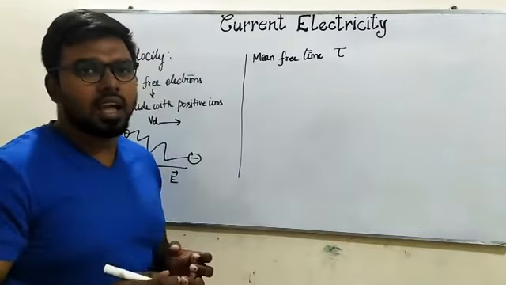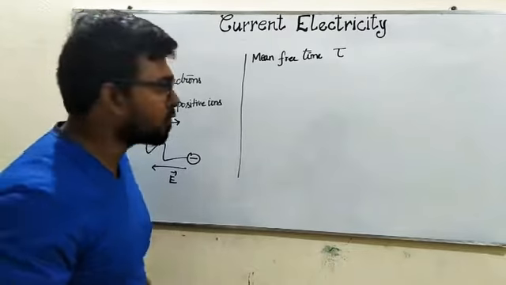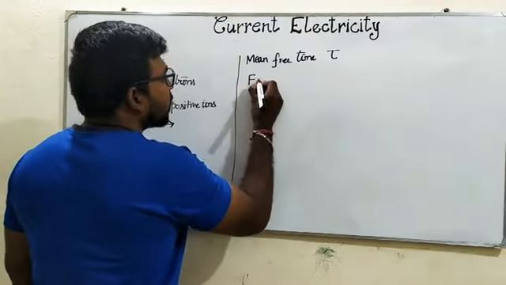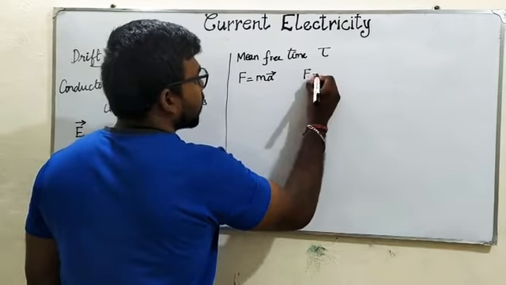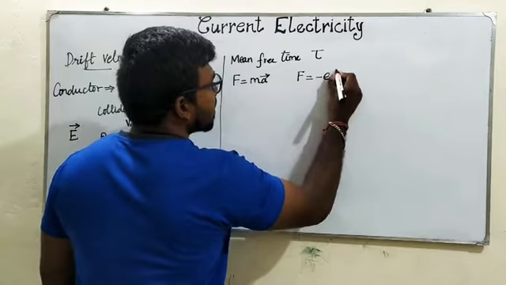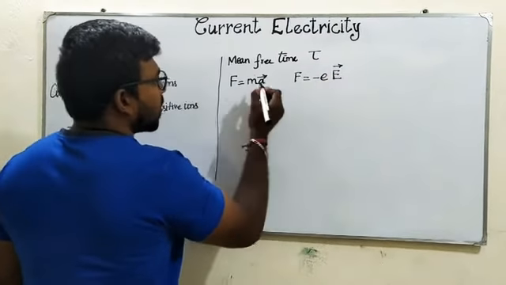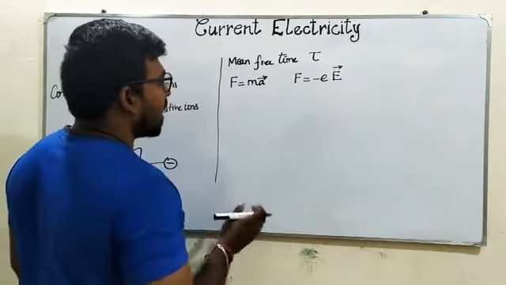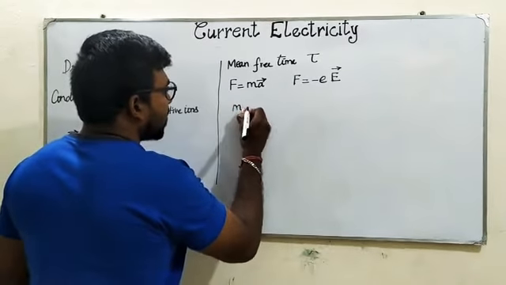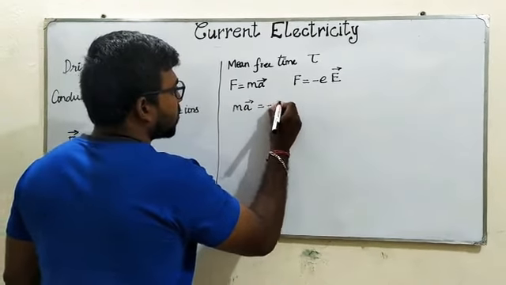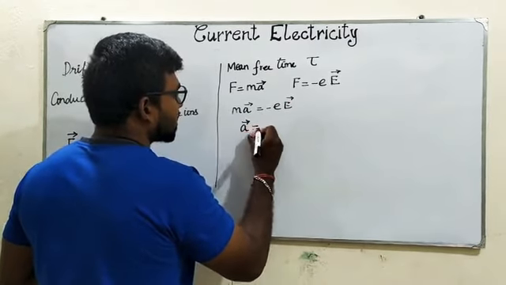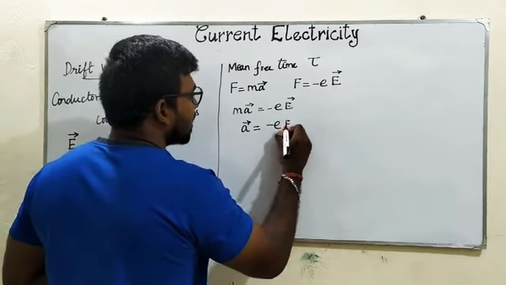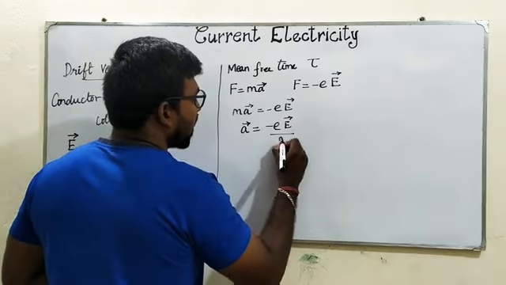The acceleration acquired by the electron inside the electric field: we know that force equals mass into acceleration, and force equals minus eE vector. So when an electron is in an electric field, m a vector is equal to minus eE vector. Acceleration is equal to minus eE vector by m.